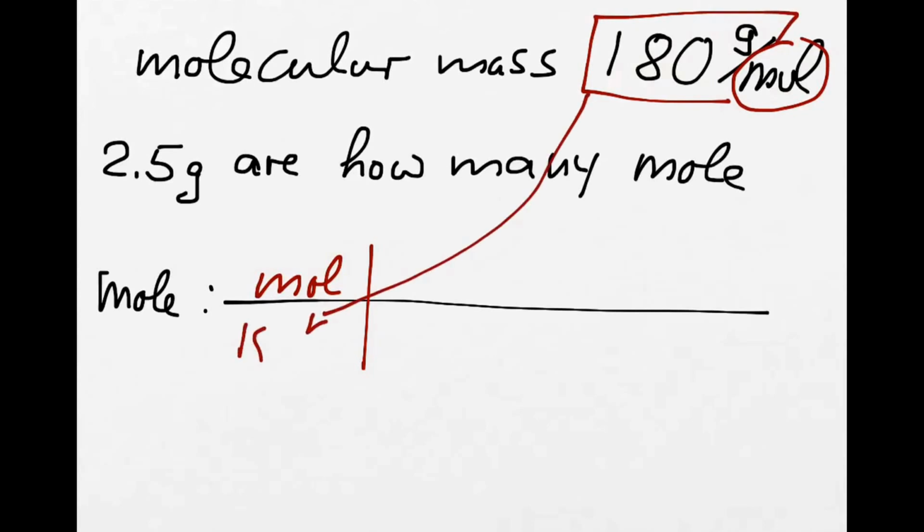So we've got 180 grams. And we've got mole up here. That's exactly what we want. But the grams are a little bit annoying, so we need to get rid of them. How do we do that? We place something else with grams up here so that the gram unit cancels out.